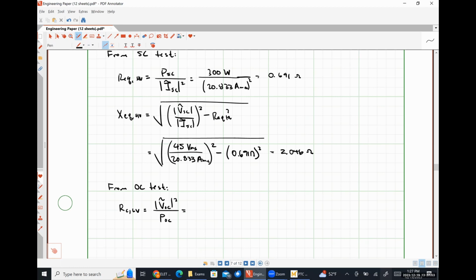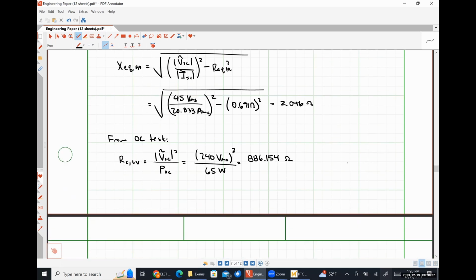Our open circuit voltage was 240 volts RMS, and open circuit power was 65 watts. I get 886.154 ohms.